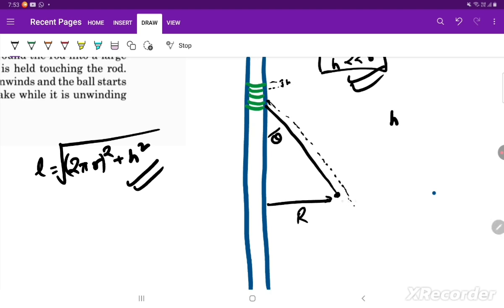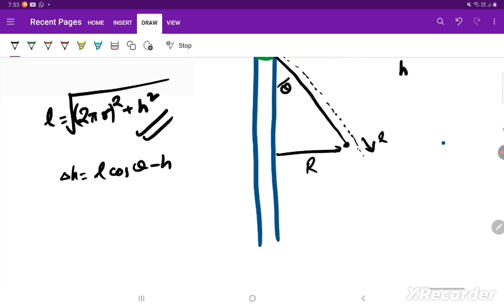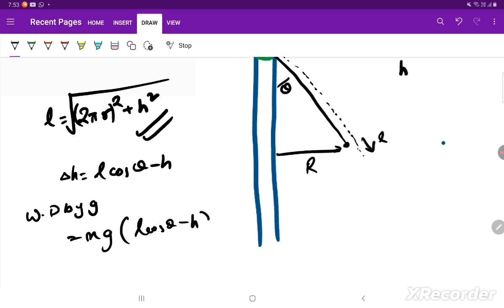This cos theta is important while doing this problem. Downward by L, so the vertical displacement will be L cos theta, and delta H will be L cos theta minus h. So work done by gravity would be mg times (L cos theta minus h), right?